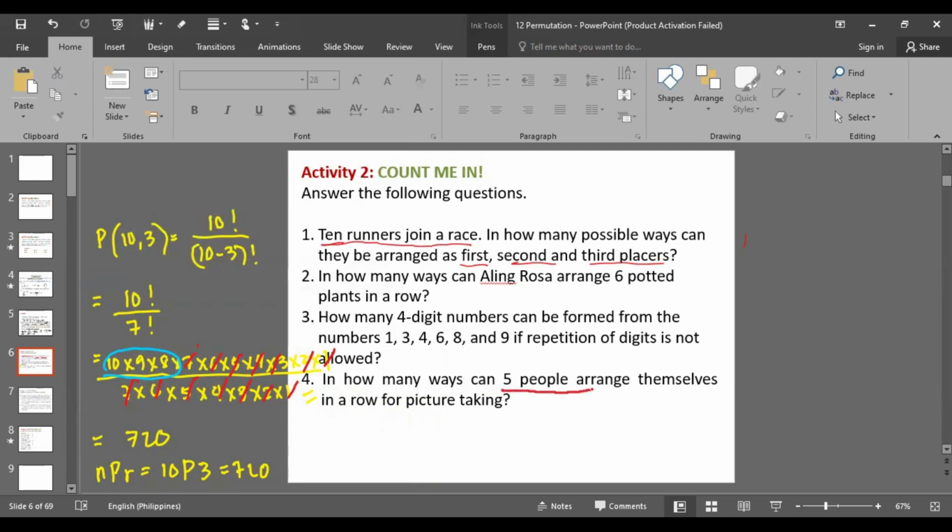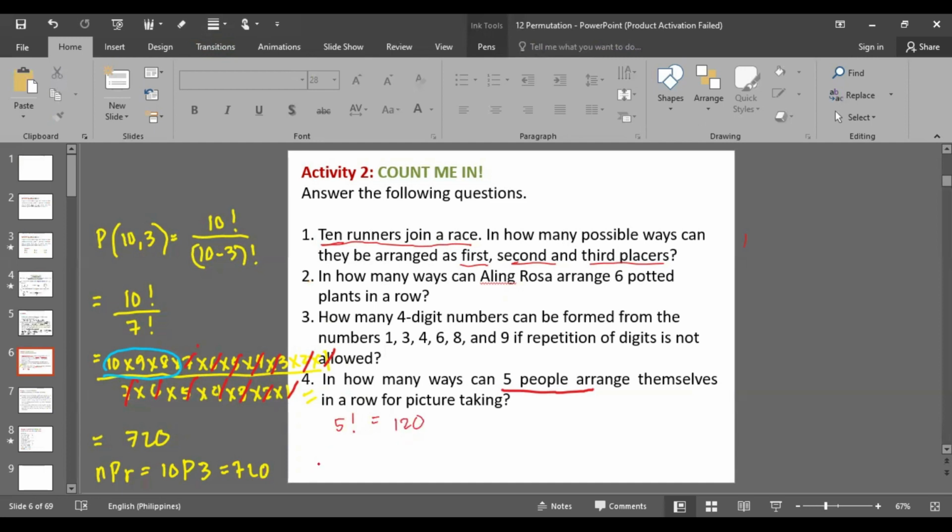There are 5 people. How about r? Meron bang value ng r dyan? Wala. So it is understood na case 1 siya. So you can just press 5 and press the factorial symbol in your scientific calculator. It will give you 120.